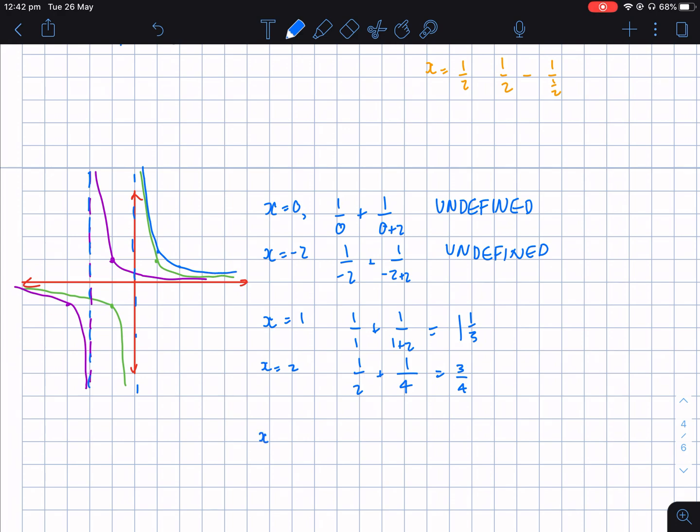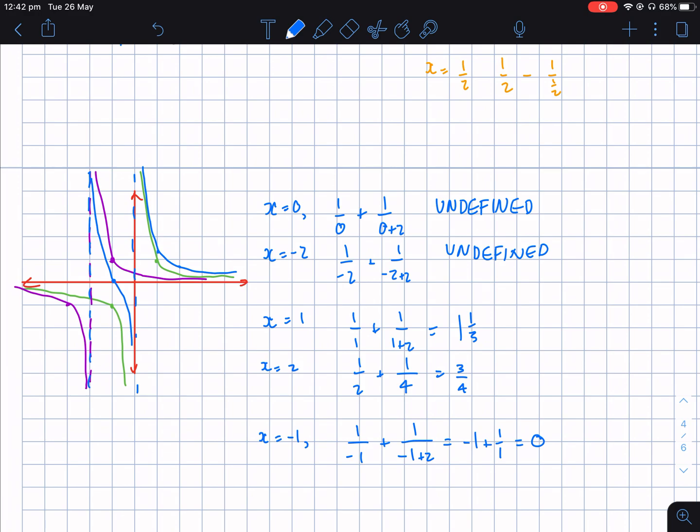What about when x equals -1? Ooh, 0. And you can see that here the purple bit's way bigger than the green bit.